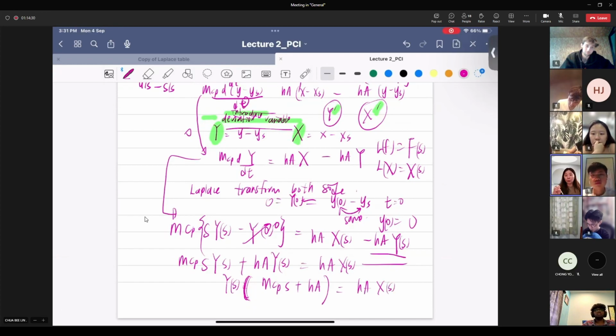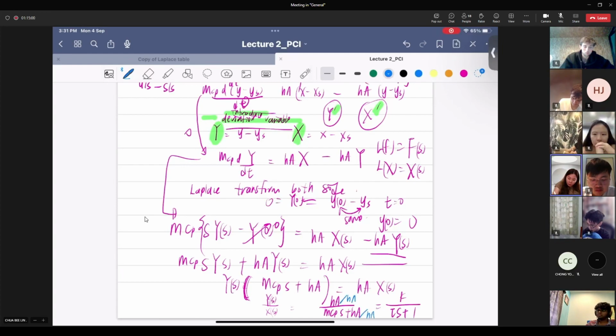Then you need to have the output over the input, meaning YS over XS will finally be HA over MCPS plus HA. And you have to change the equation to look like the general equation, tau S plus 1. So this is the last step, where you have to change the last term into 1.